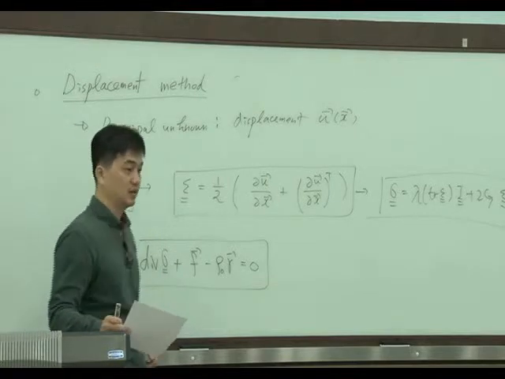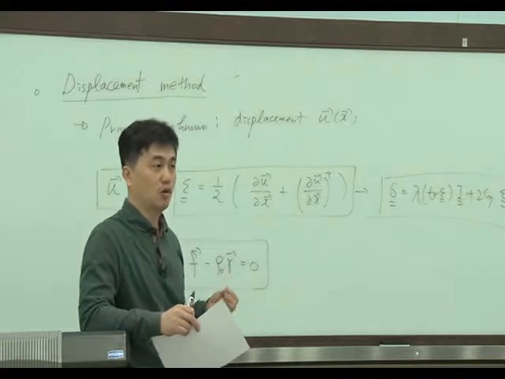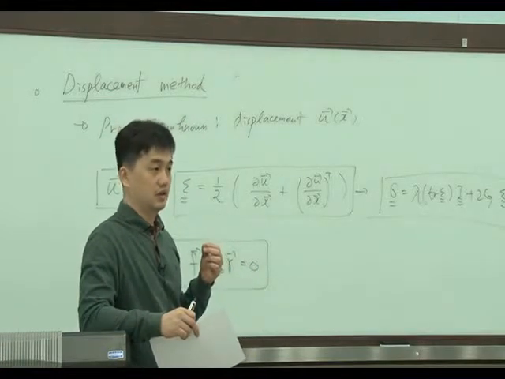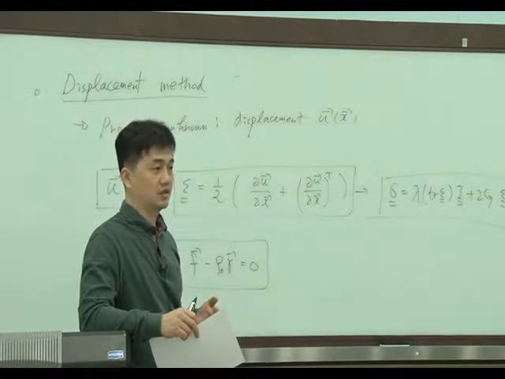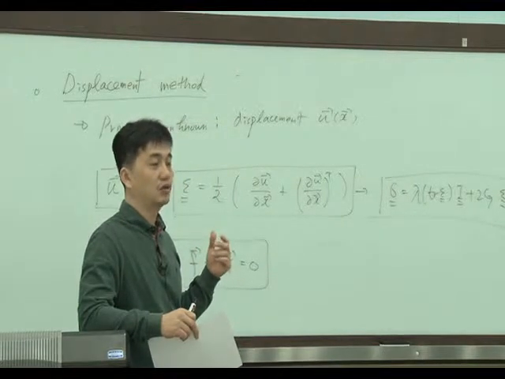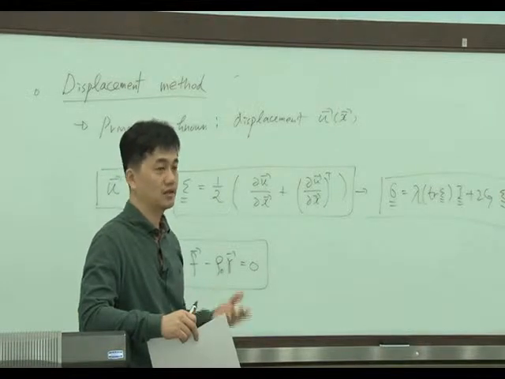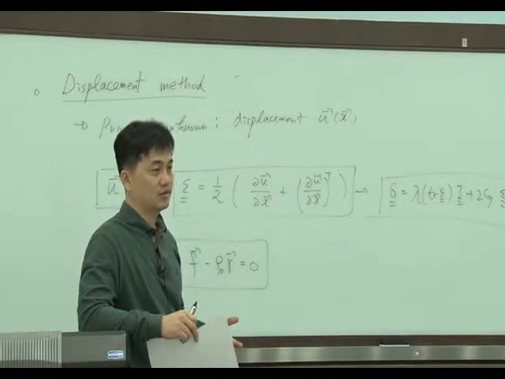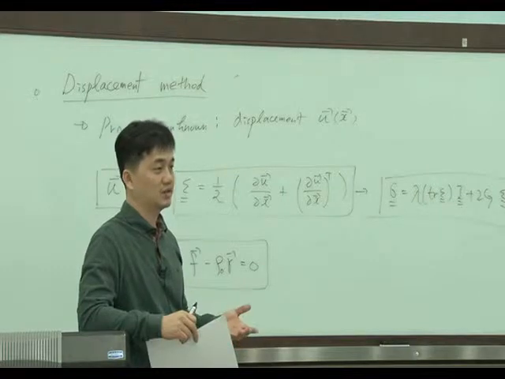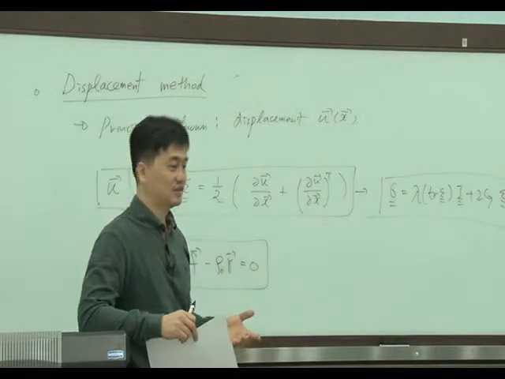So the local equilibrium equation has a form of partial differential equation, right? This is a differential equation. So how do we need to solve the differential equation in this stage? How can I solve? There are many methods, but the simple procedure is integration.